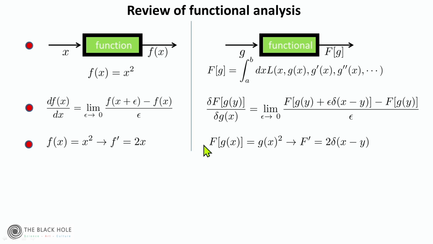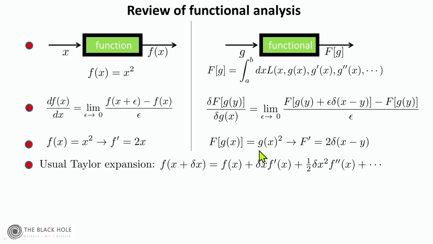The functional derivative of F of g of x with respect to g of y will be F prime, which is 2 times this delta function. And you can see that very easily by simply squaring this over here, subtracting from here, ignoring epsilon squared, and of course the epsilons then cancel out from the top and the bottom.